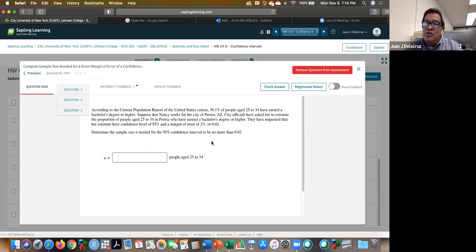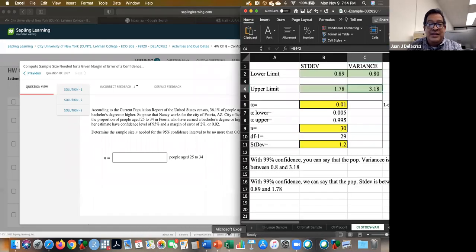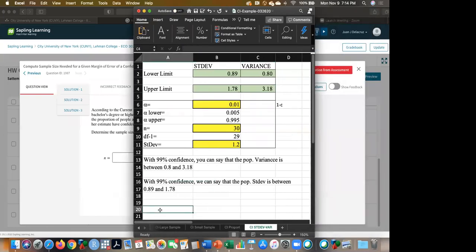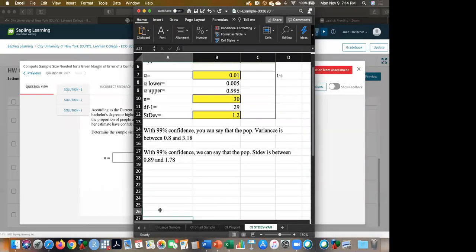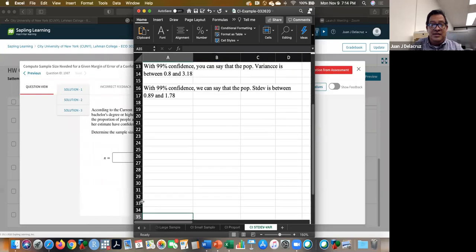Something that you need to know is, in some cases, for example, what I would do with this. So the formula is P hat, Q hat.